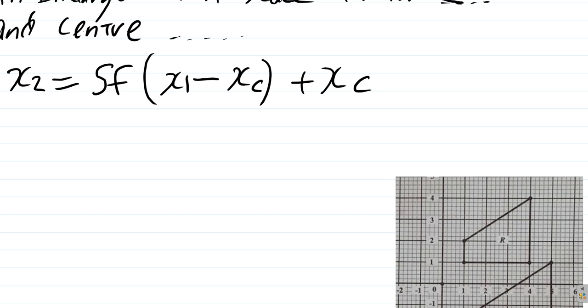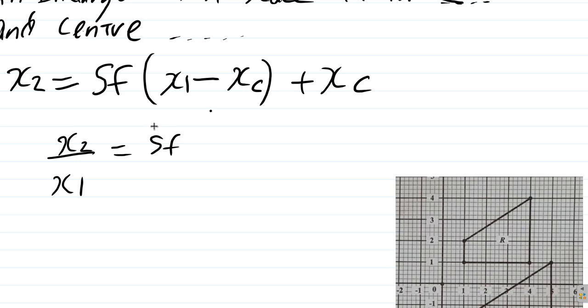If you put the image, the x for the image x2 over x1, you get the scale factor, right? The scale factor. Just like what we did, the length of the image over the length of the object.